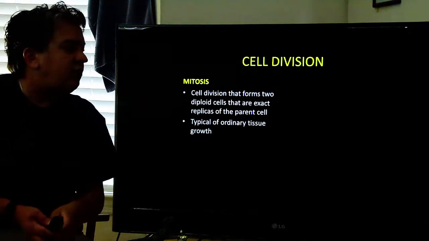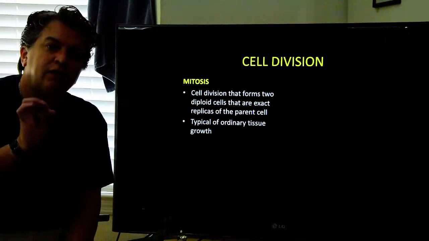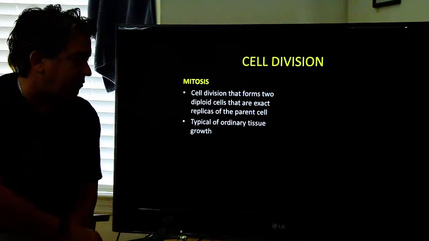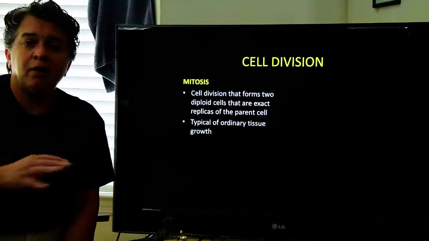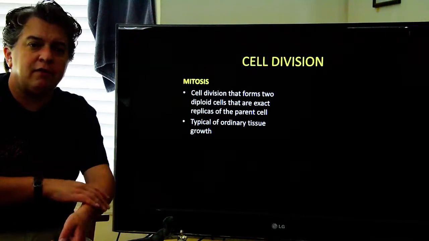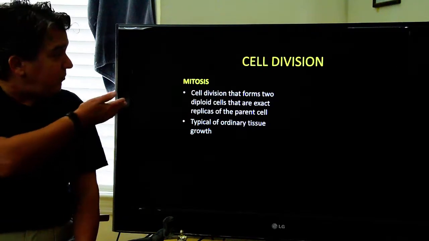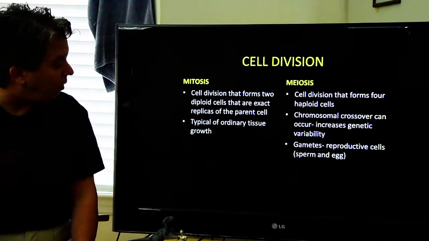Mitosis is cell division that forms two diploid cells that are the exact replicas of the parent cell. And this is what happens in typical ordinary tissue growth, right? You're always creating new skin cells and stuff like that. Well, this is what happens. You have this mitosis going on.